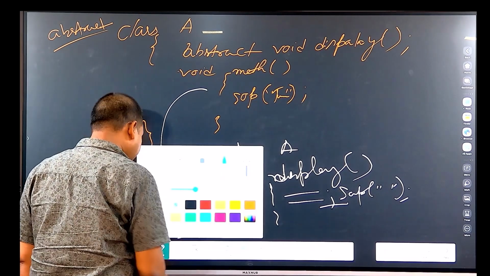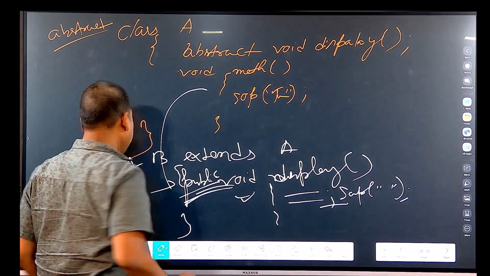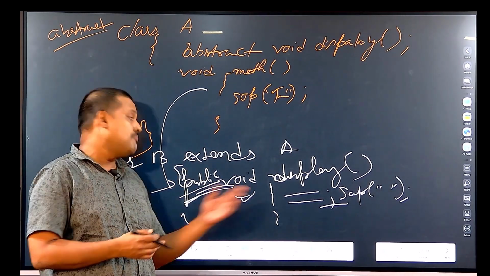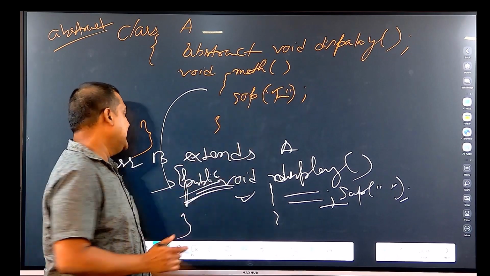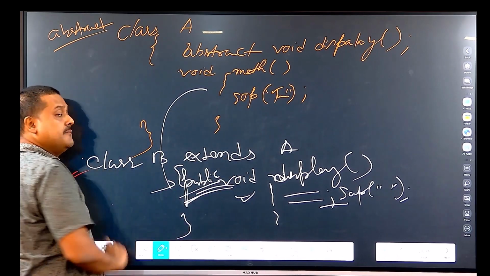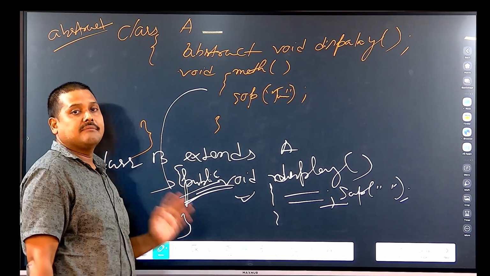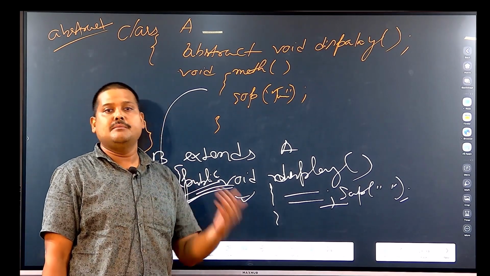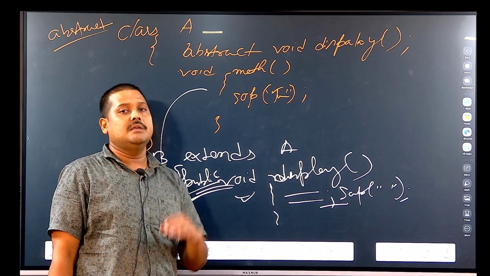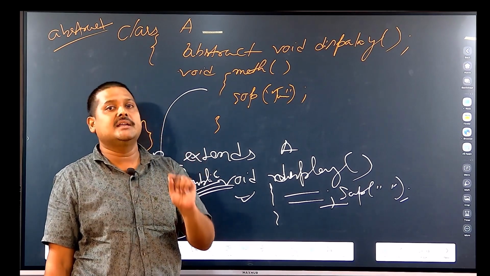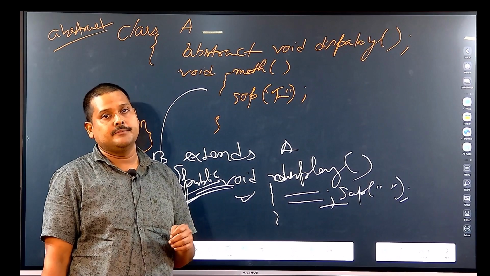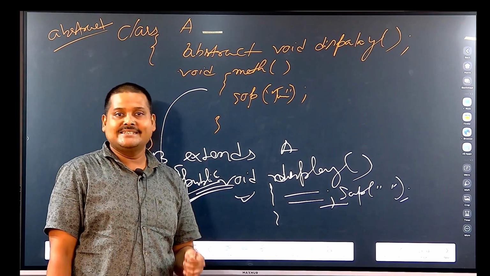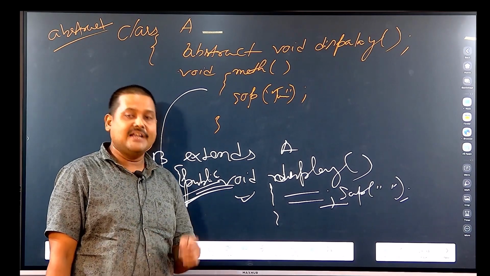Remember, if in the inherited class you don't want to implement this abstract method, then this class must be abstract. So in a class there can be abstract or non-abstract methods. If even one abstract method is present, the class must be declared as abstract. If a class is declared as abstract, it cannot be instantiated; the only purpose is to extend or inherit.